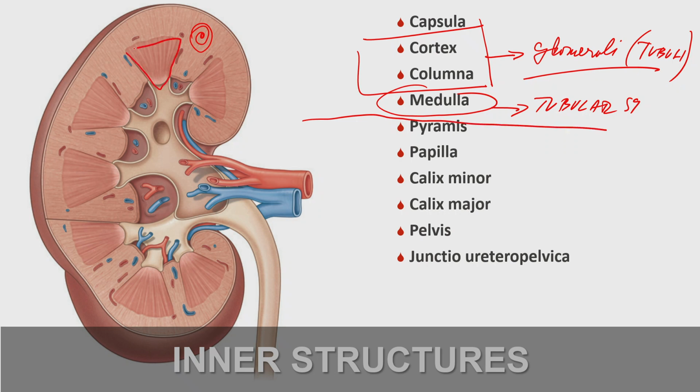The medulla is forming a structure like a pyramid, so pyramis. Do you know what the word pyramis originally means? Did you hear? This is not the pyramid of the Egyptian empire.